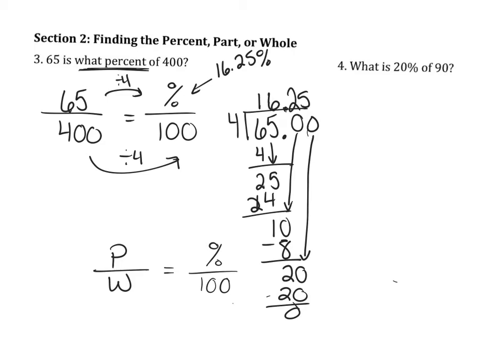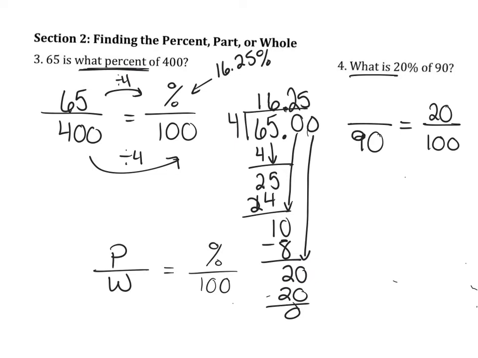Okay, the next question says, what is 20% of 90? Well, this time I'm looking for the part because they're wanting to know what is 20% of the 90. And of the 90 tells me that's the whole thing, and this is out of 100, and this is 20%.